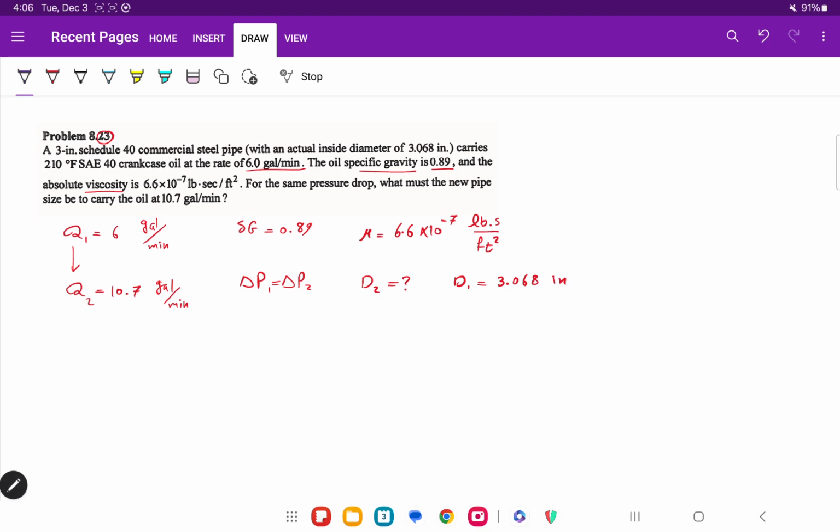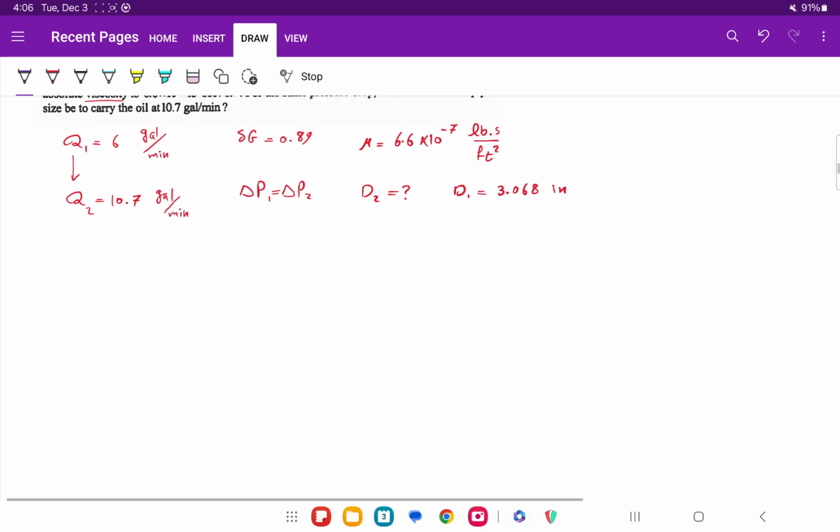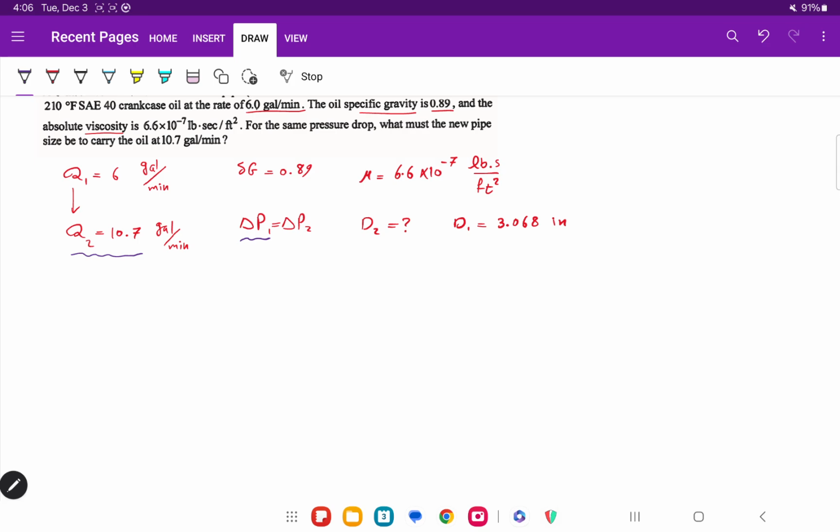Okay guys, so we have a pipe flow and we want to find the new diameter with this new condition. So first thing, we should find delta P. Without having the pressure drop, we can't do anything.